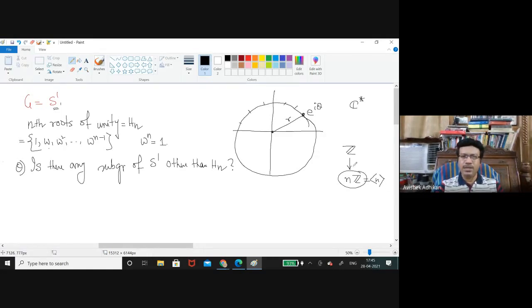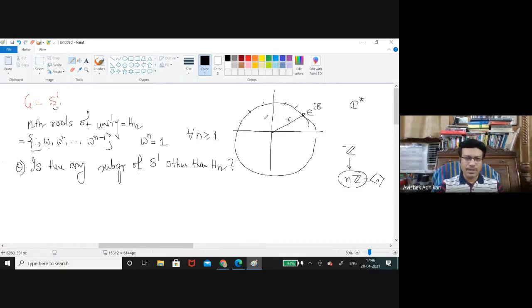As a result, you can say that all subgroups of Z are cyclic. It's fine. But there is no doubt that Hn is a subgroup of S1 for all n greater than or equal to 1, so there are infinitely many such subgroups, no doubt about that.